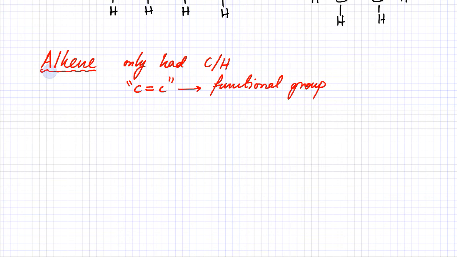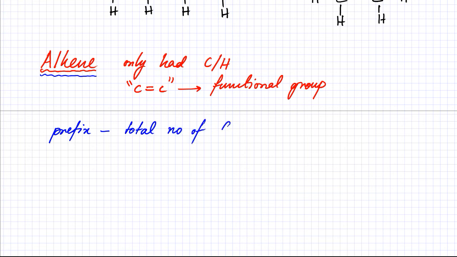So we're going to start off by naming alkenes. The basic prefix is exactly the same. The prefix is based on the total number of carbon atoms in a molecule, and we are again talking about straight chain molecules. So you can look up at the table. If there are two carbon atoms, the name would start off with eth.